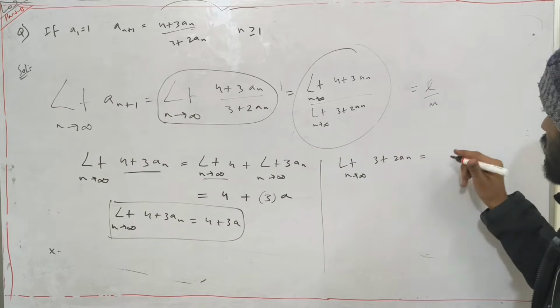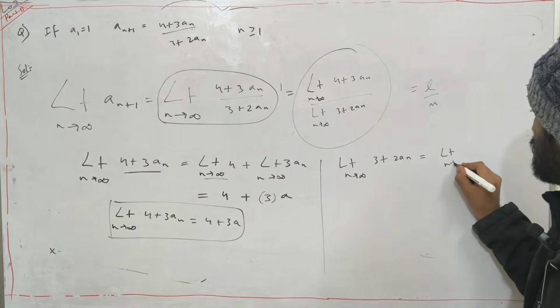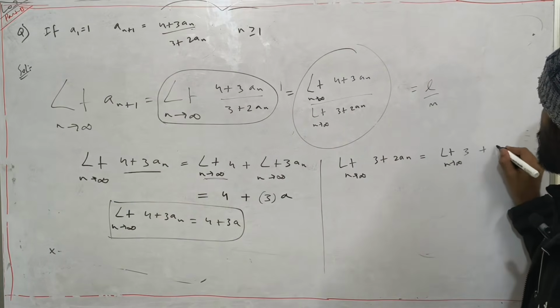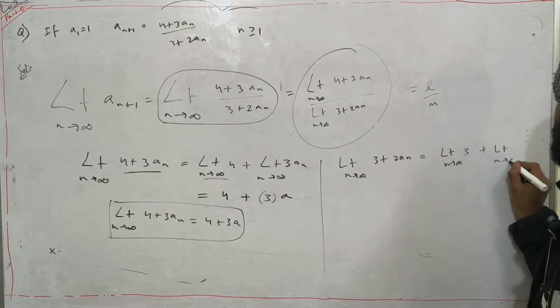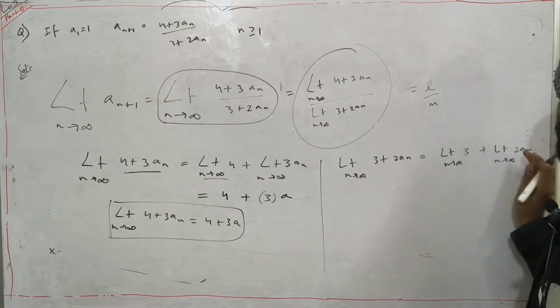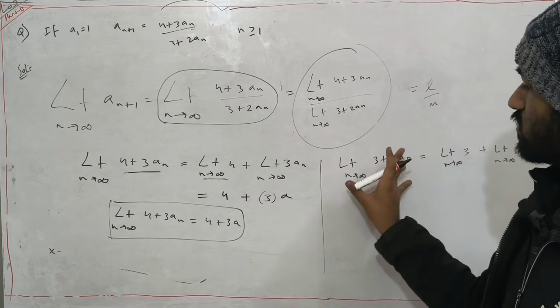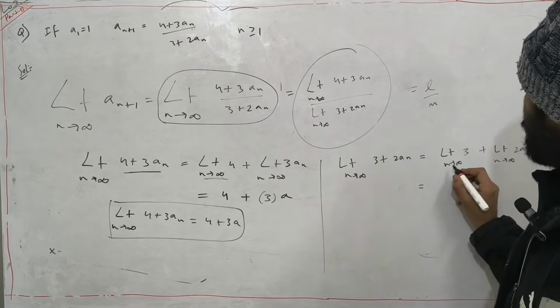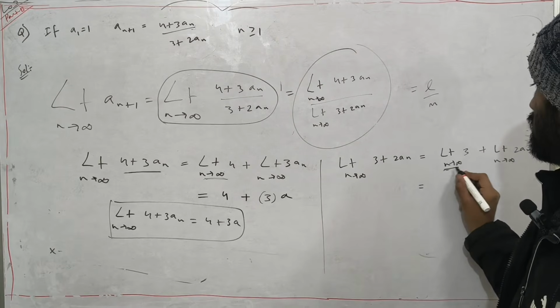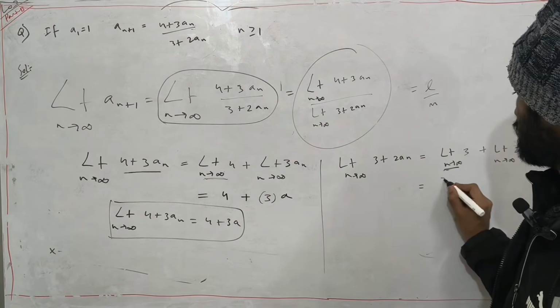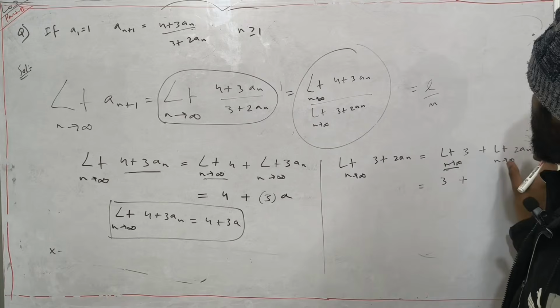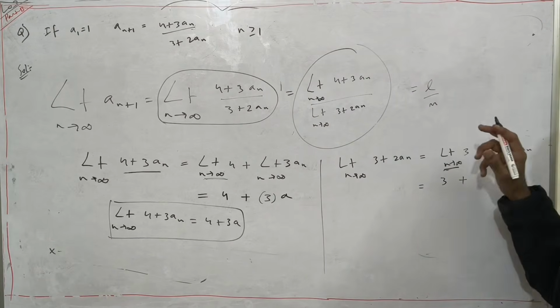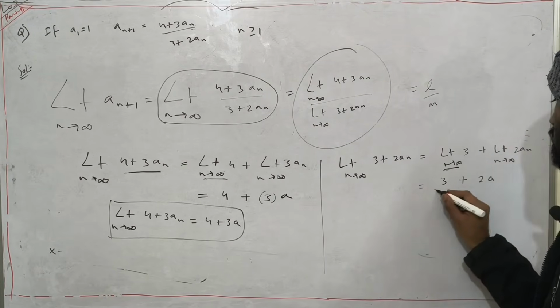Let's use the formula, rule number 1: if these two exist individually, then this also exists. Limit n tends to infinity, we know this as 3, and limit of 2an, they gave a, so this is 3 plus 2a.